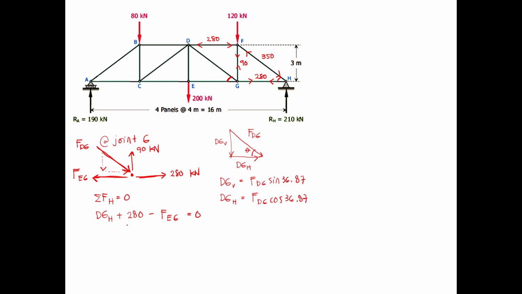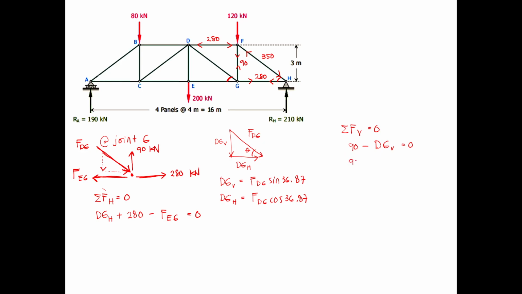So looking at your horizontal component, you have two unknown forces because you don't know yet the value of FDG. Since we cannot yet solve the horizontal component, let's try solving the vertical component first. If we can solve for DG, so one is going up, that will be 90, and then plus DG minus, because it's going downward, is equal to 0.